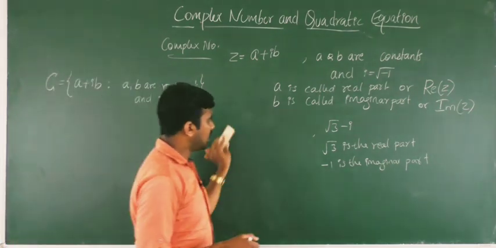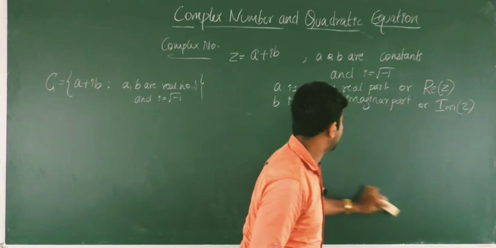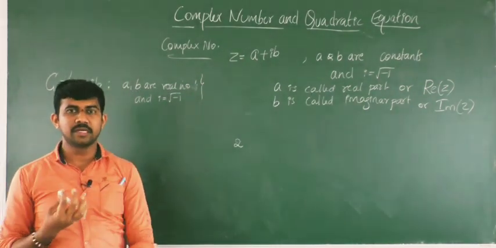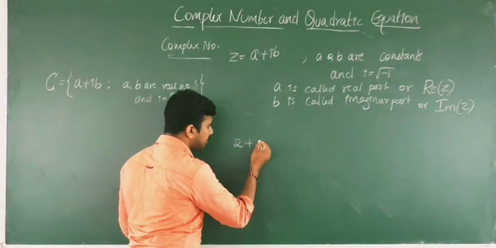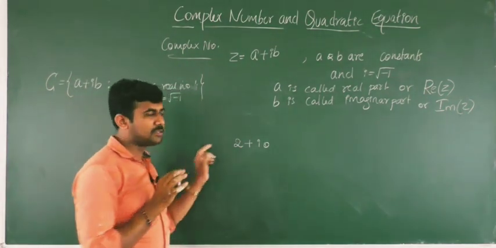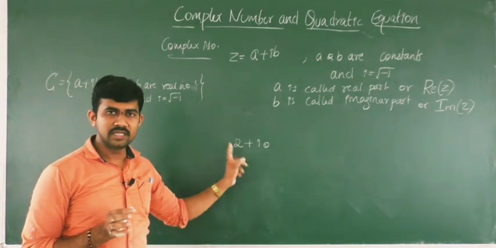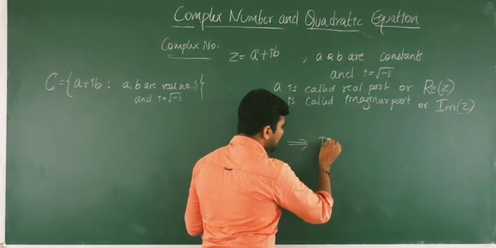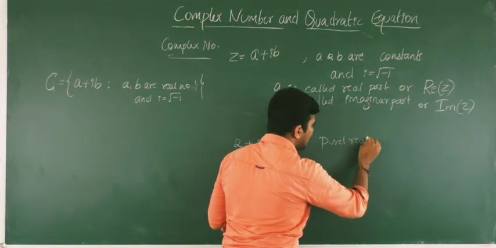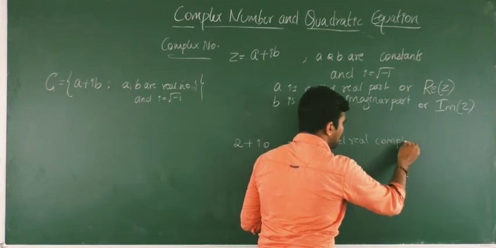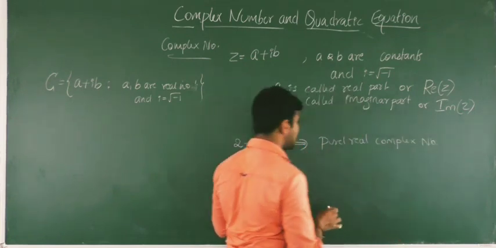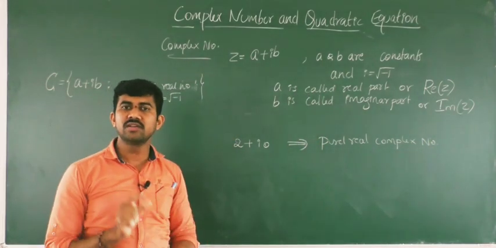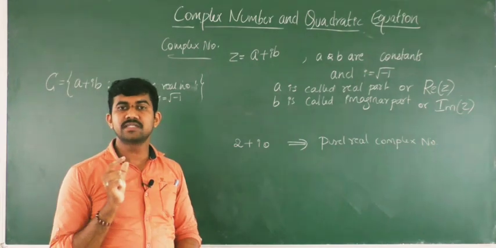Now, as I said, the number 2 is a real number and also a complex number, in which the imaginary part is 0. The imaginary part of this complex number is 0. In this case, we call such a number a purely real complex number, because the imaginary part is 0.